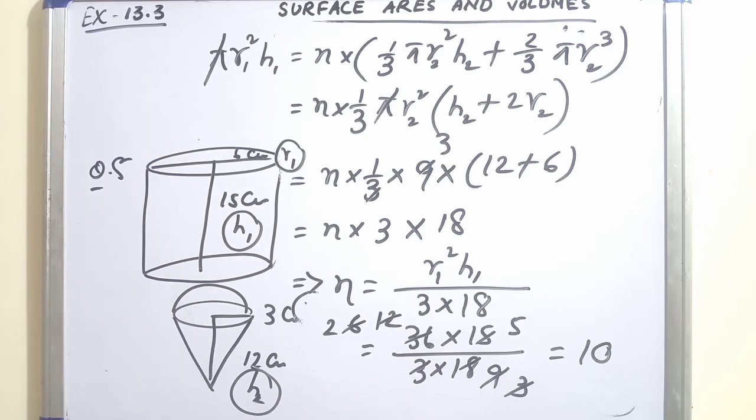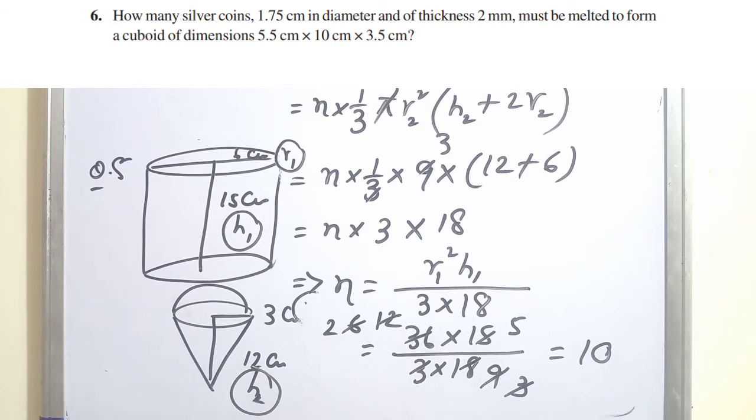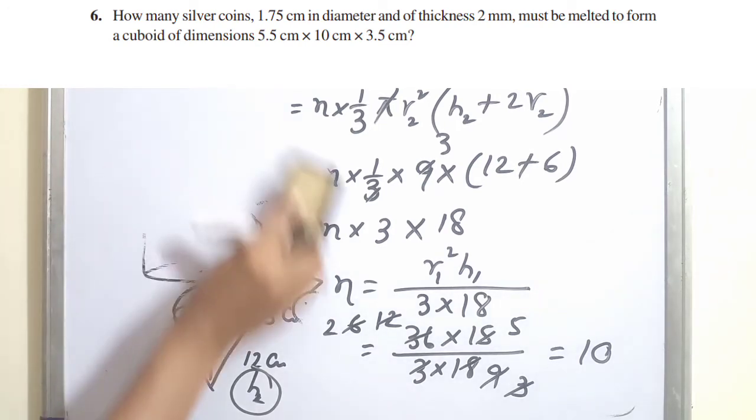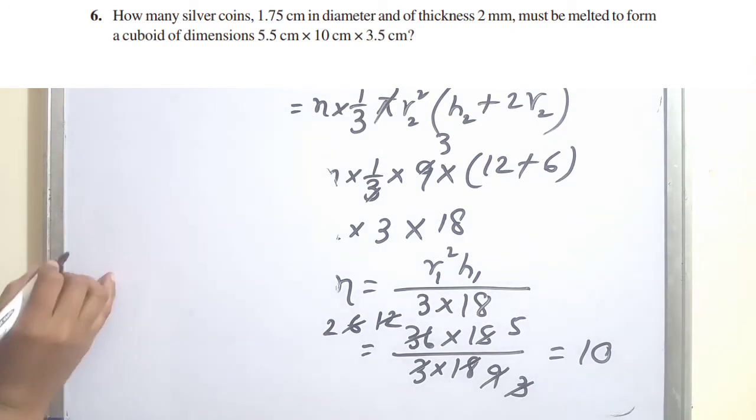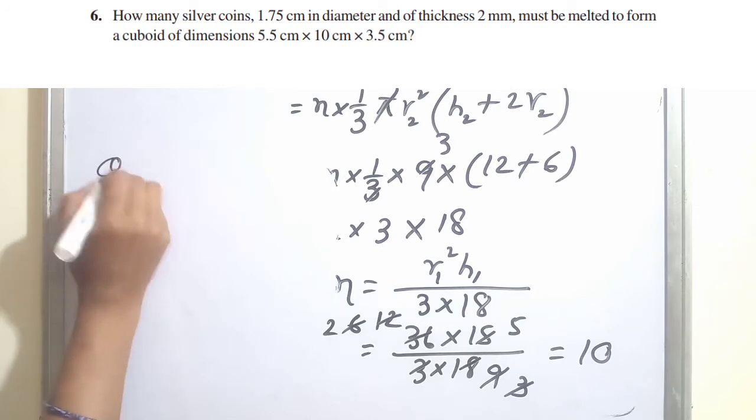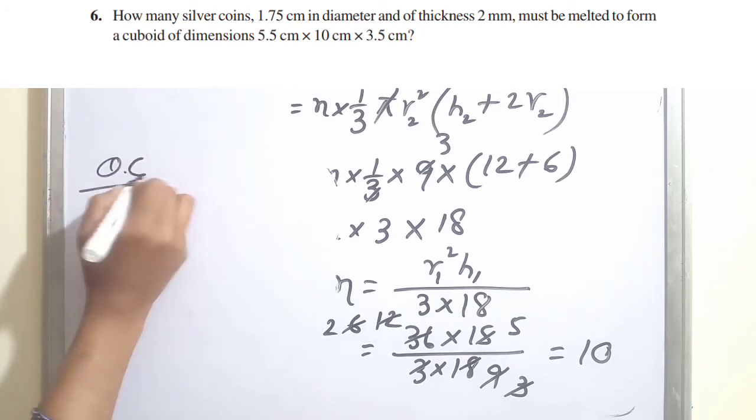That's the answer. Now next question, question number 6. How many silver coins, 1.75 centimeter in diameter and of thickness 2 millimeter, must be melted?